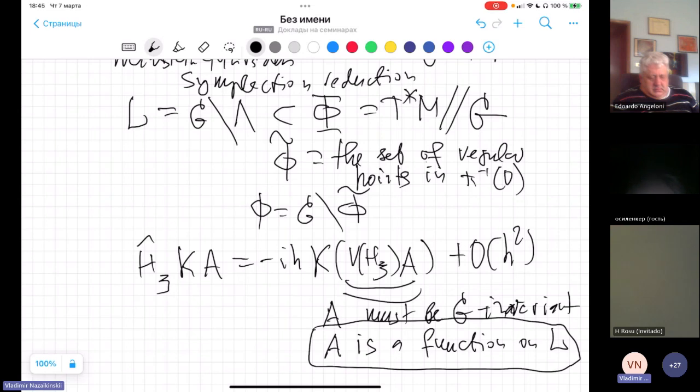Okay, so that's basically the construction. The details will be published in a paper which is now in press in the Russian Journal of Mathematical Physics and will appear in the second issue of this year. I would like to thank the audience, and I am ready to answer questions if there are any. Thank you very much.